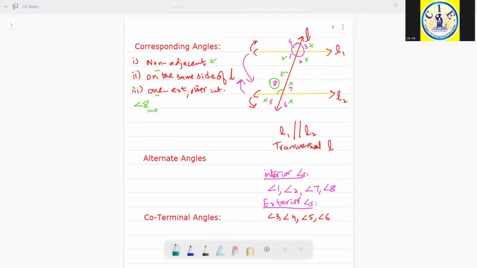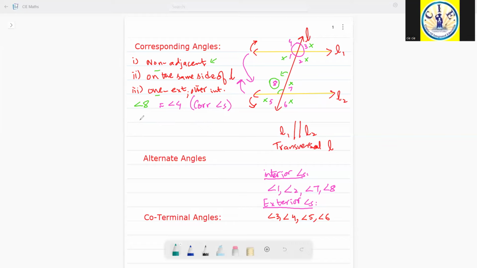So we are left with only one possibility, that is angle 4. So angle 8 equals angle 4 because both are the corresponding angles. So this is how we find out the corresponding angles.